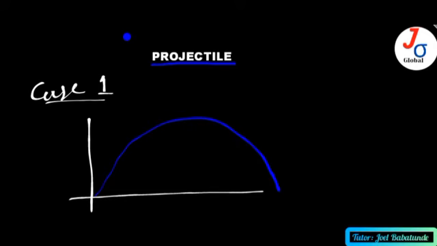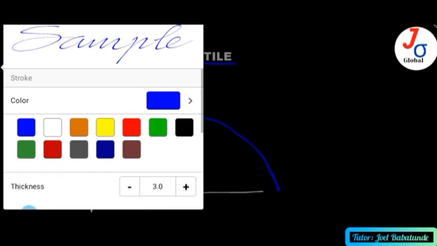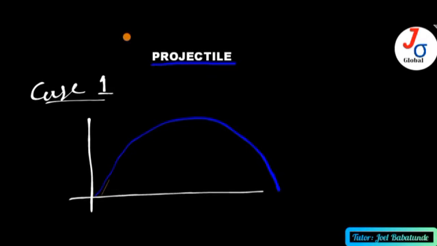Okay, good. So that means it is projected with an initial velocity. Let's call that u. Then, when it is projected, you see that it has an angle theta. It's projected at an angle from the horizontal.